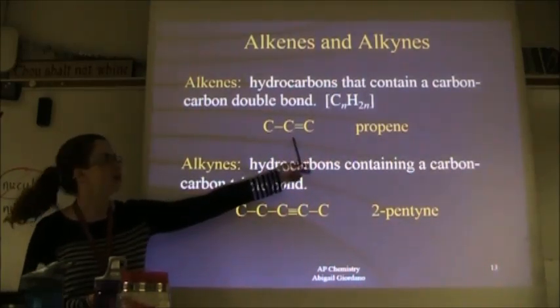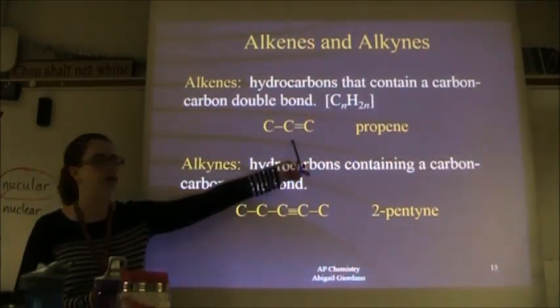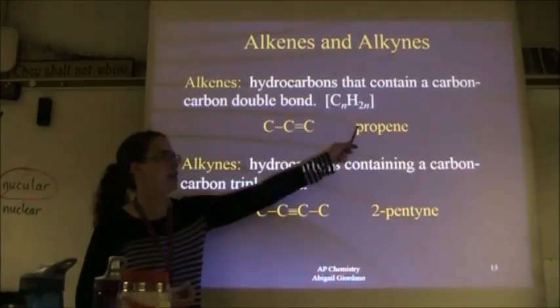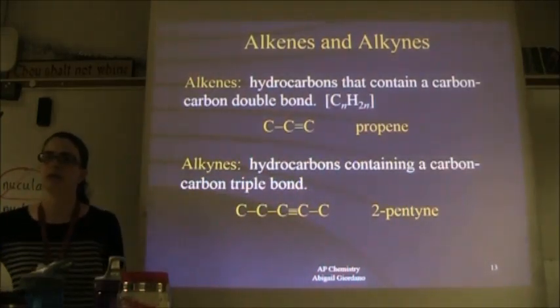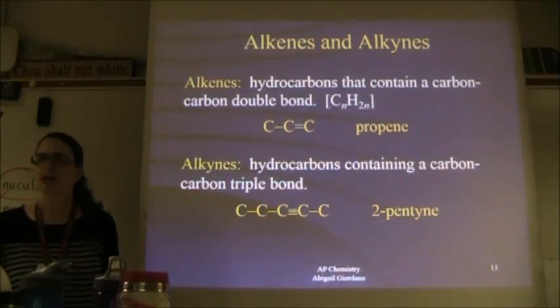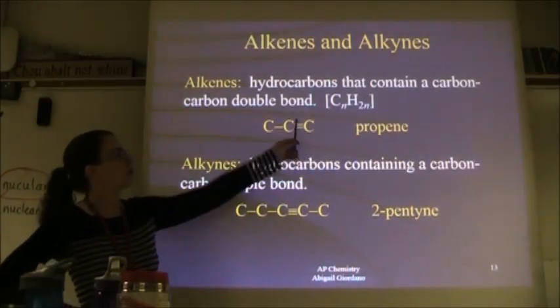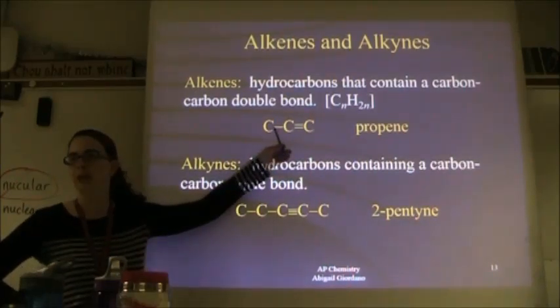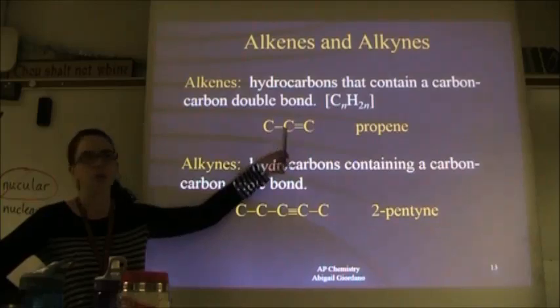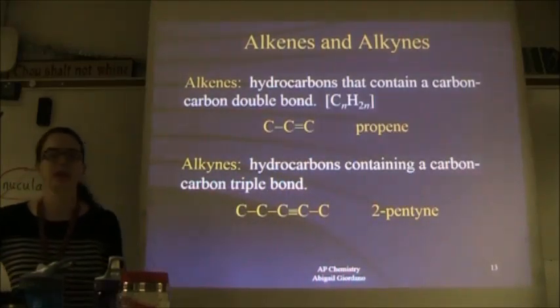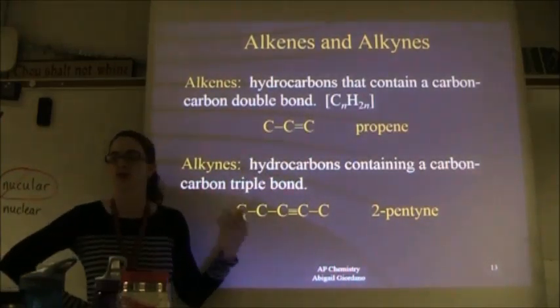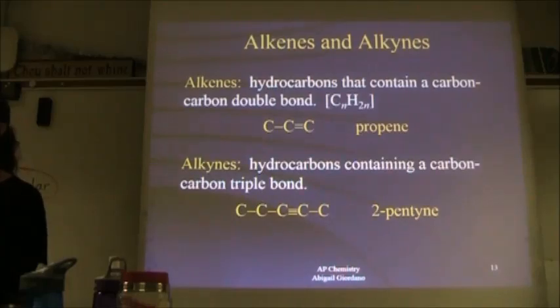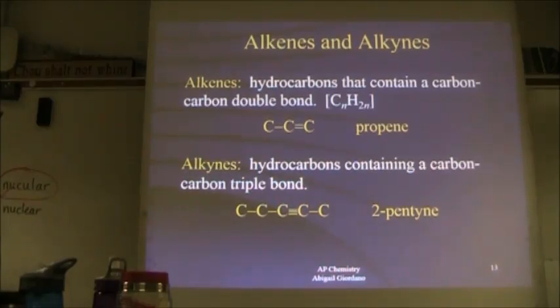Now, come up here. How come this one isn't called 1-propene? Why is that unnecessary? Okay, yeah. If you put the double bond here instead, wouldn't it still be 1-propene? We would just number from the other direction. If moving the double or triple bond around doesn't change the name, then you don't need a number.